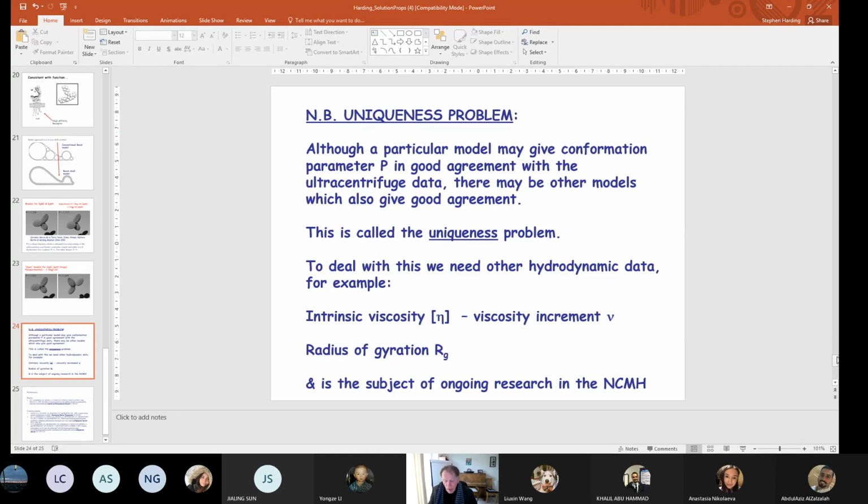So that's how we get the conformation of antibodies. It's a bit more complicated compared to purity, where we're just measuring the sedimentation coefficient distribution.